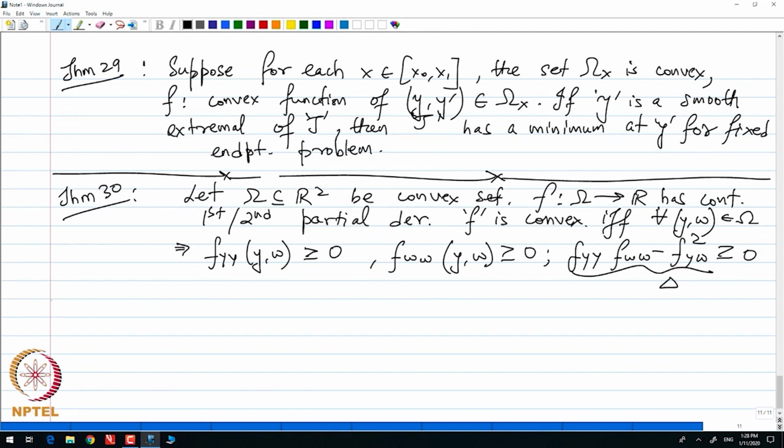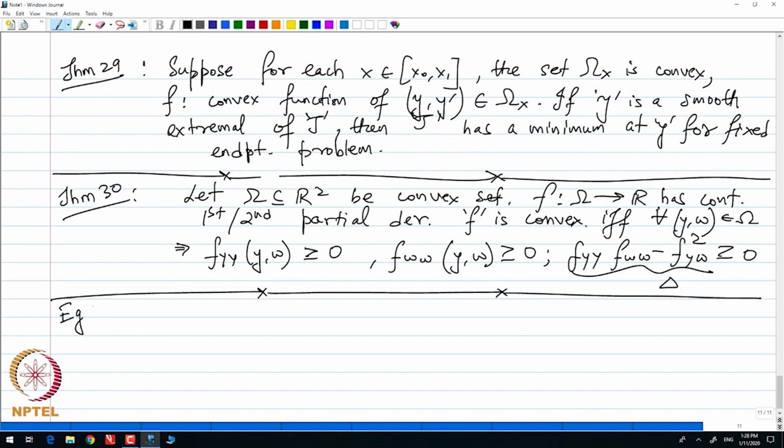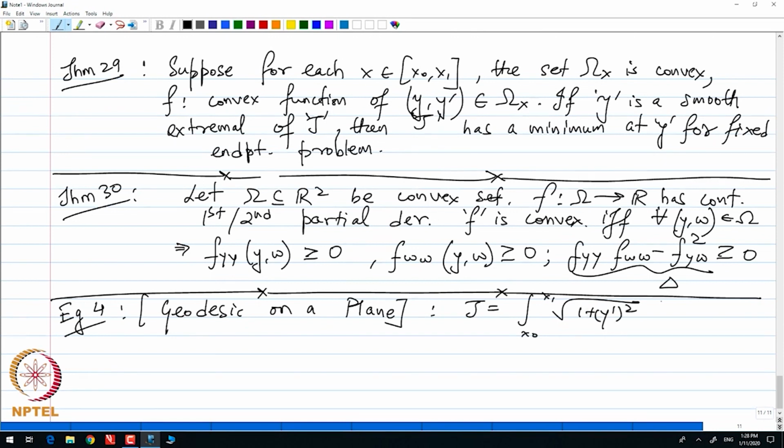Okay. So, let me wrap up this discussion by looking at a few examples. We are going to revisit our example of the geodesics on a plane. So, my J is my arc length integral in this case, integral of square root of 1 plus y prime squared dx. First of all, we have to check whether the integrand is convex or not, then only we can conclude something.